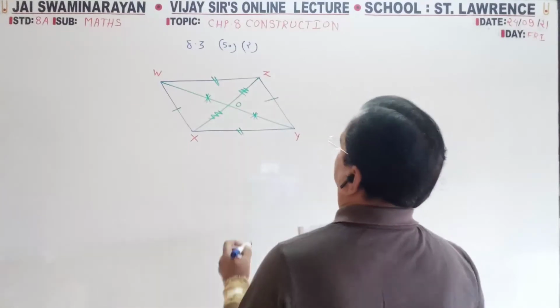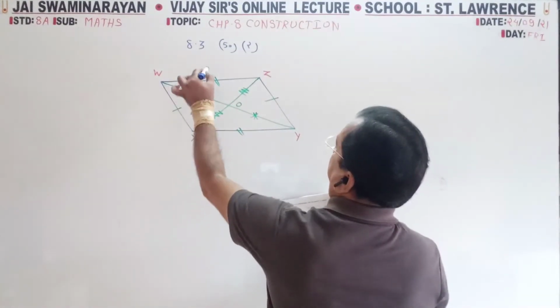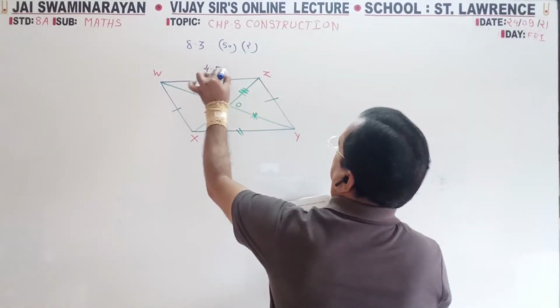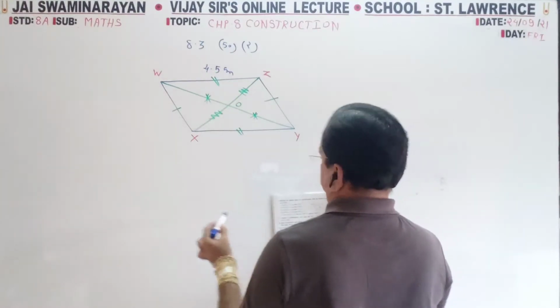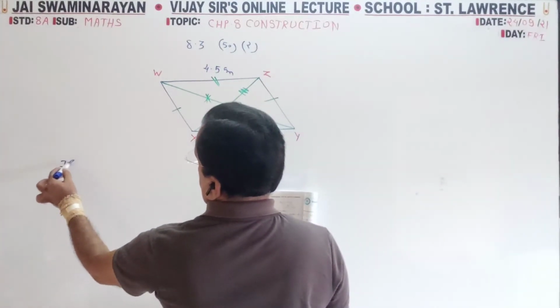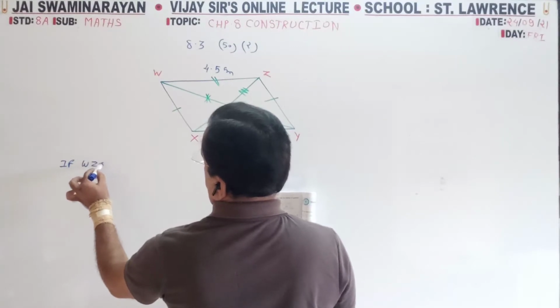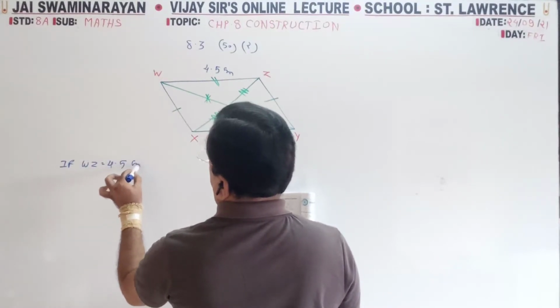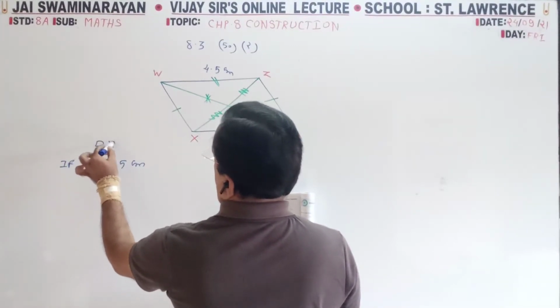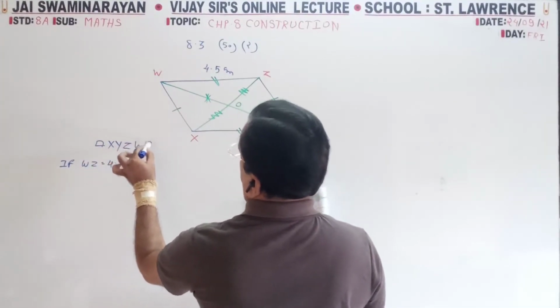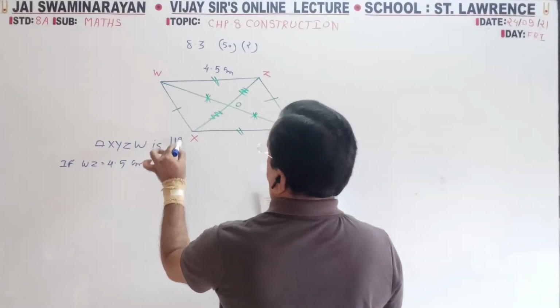WZ is 4.5 centimeter. If WZ is 4.5 centimeter, calculate XY, given XYZW is a parallelogram.